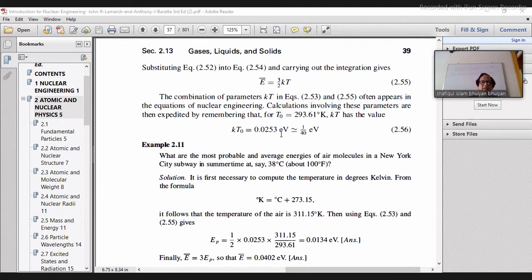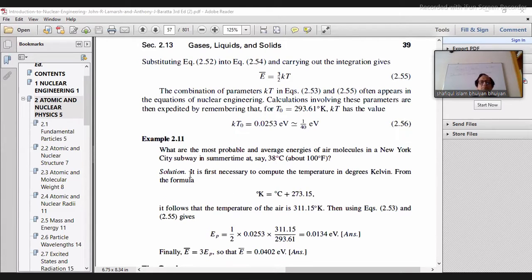To understand this, as an example, calculate the most probable and average energies of the air molecules in a New York City subway in summertime. Say the temperature is 38 degrees centigrade. A few days we had 38 degrees centigrade, so what were the energies of the molecules in the air in Dhaka city?